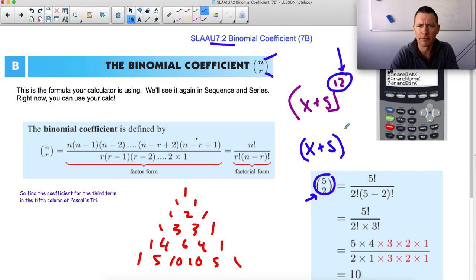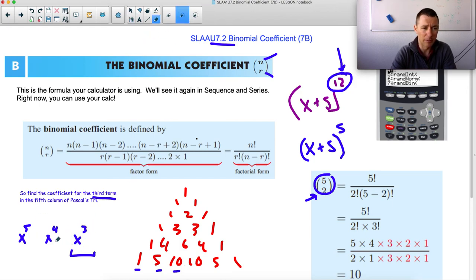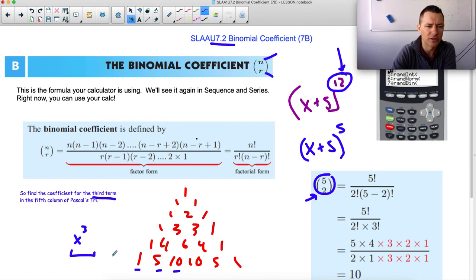If we were doing this to the 5th, and I was writing this out, I know x is going to be the 5th, and then x is going to be the 4th, and x is going to be the 3rd, and I'm interested in this one for some reason. It's the 3rd thing in. So I know that in this row, I'm going to go 1, 2, oh, this 10 should be in front of this, right? For some reason, I'm interested in this term. I'll show you tomorrow when you might be interested in that term.